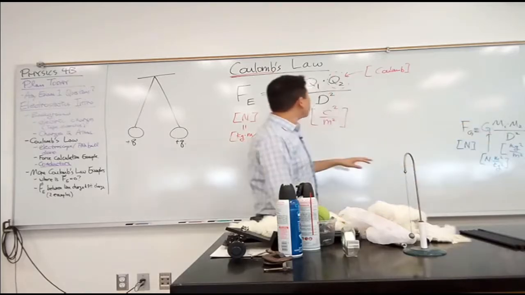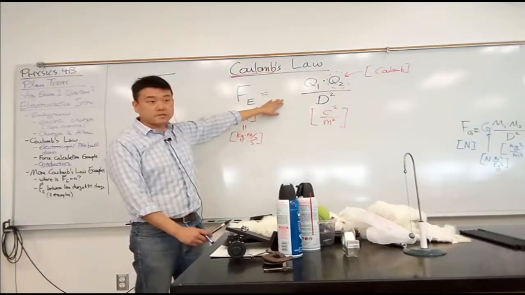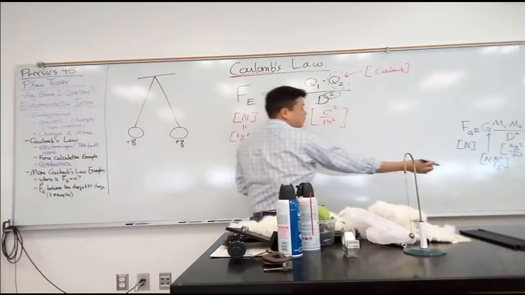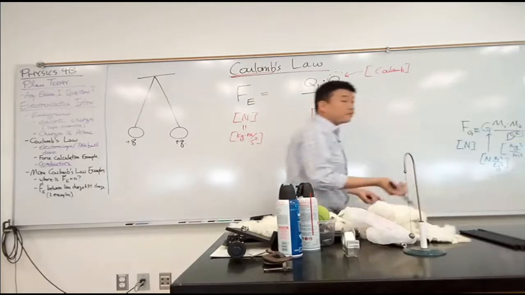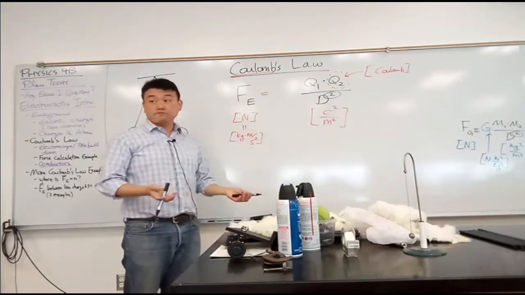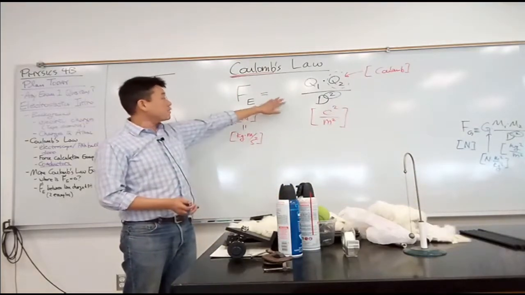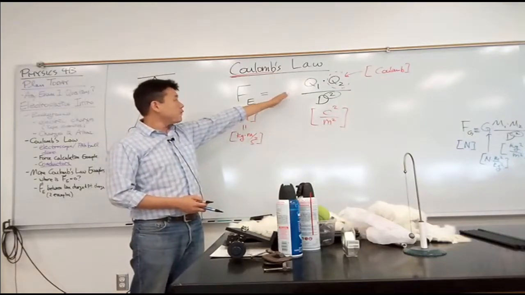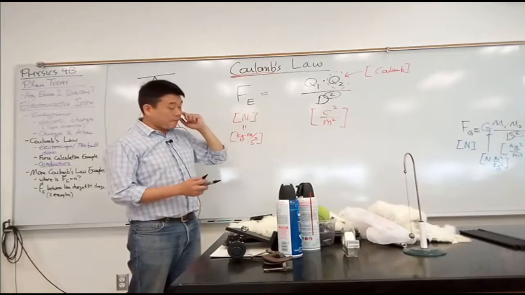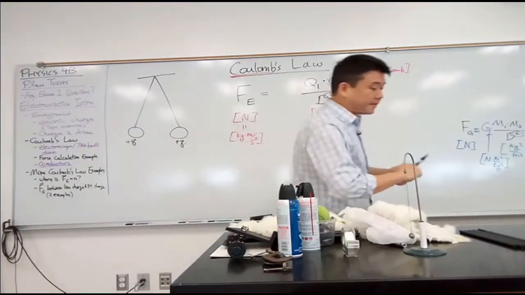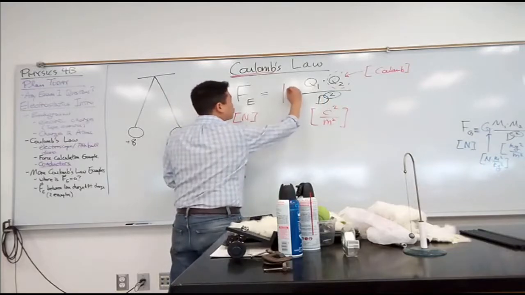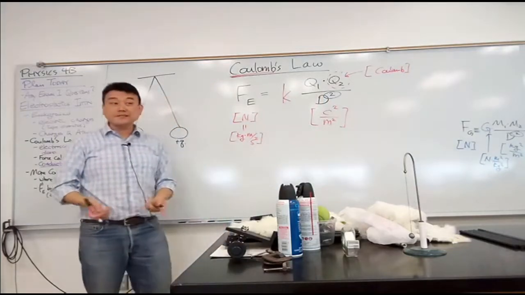Because Coulomb's law, in its inverse square relationship, really reminds us of Newton's law, we are going to take a similar approach. We are going to introduce a physical constant here that for the time being we are going to call K, not to be confused with the Boltzmann constant.